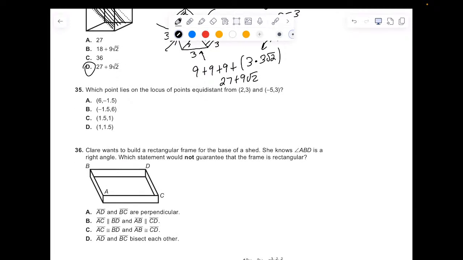Which point lies on the locus of points equidistant from (2, 3) and (-5, 3)? Okay, so let's find the distance between the two. From 2 to -5 is a distance of 7.